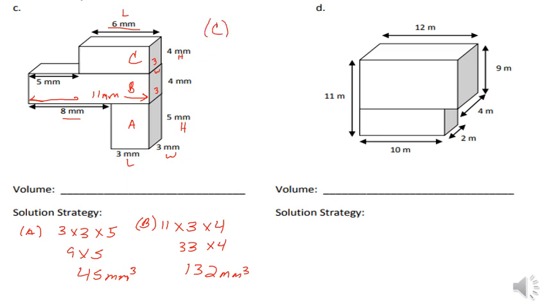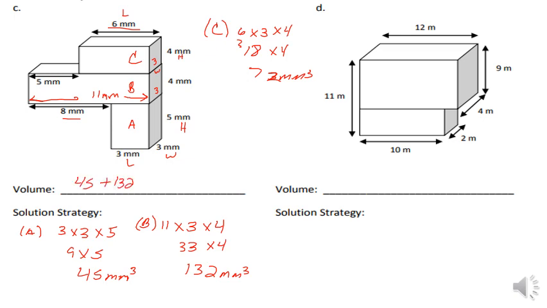Now for C, I have 6 millimeters times 3 millimeters times 4 millimeters, which gives me 18 times 4, which gives me 72 millimeters cubed.